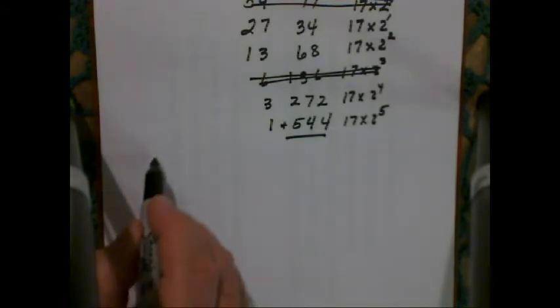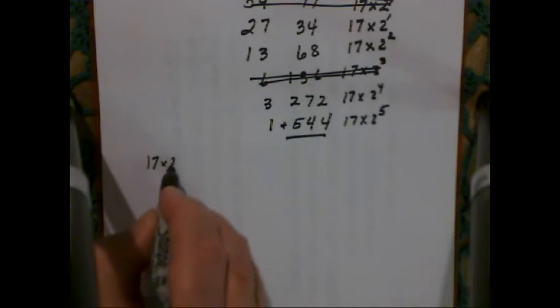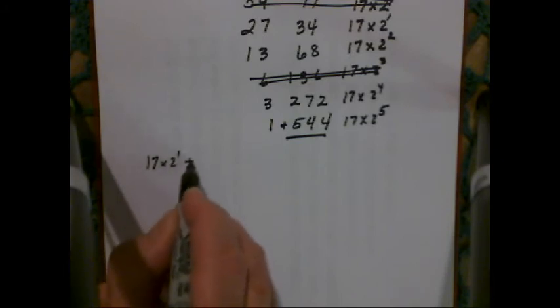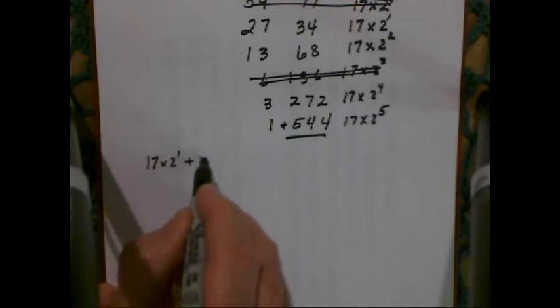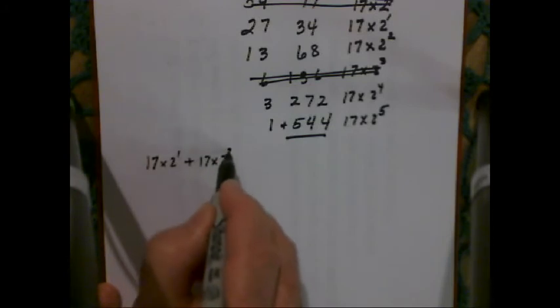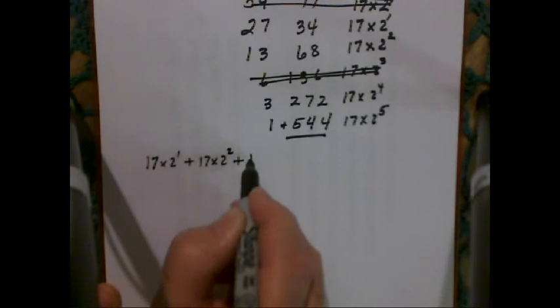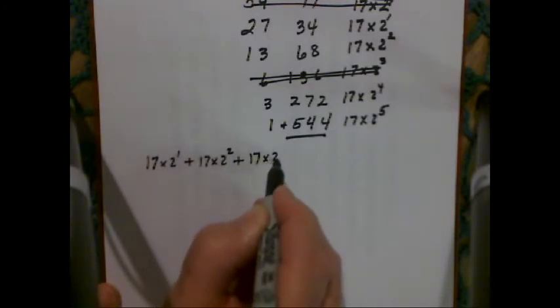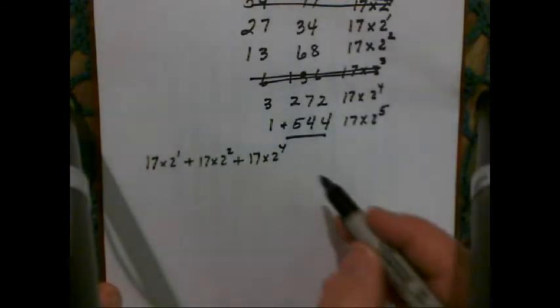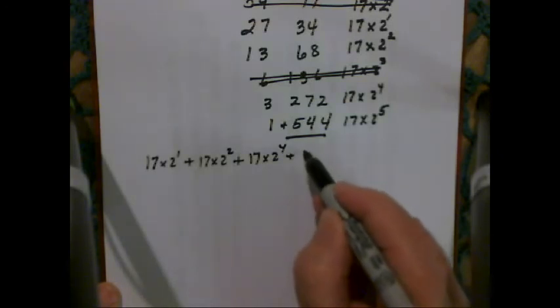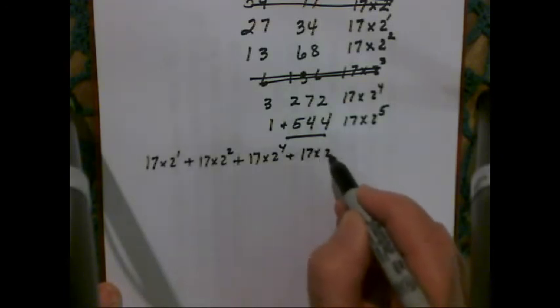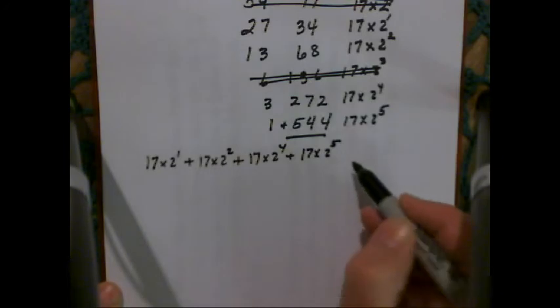And I see that I've got a 17 times 2 to the 1, and then that would be a plus 17 times 2 squared, and plus the next survivor is 17 times 2 to the 4, plus, and the last would be 17 times 2 to the 5.